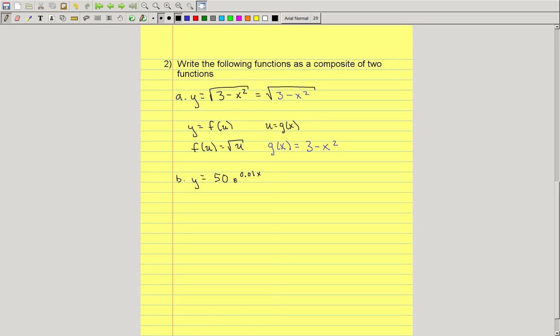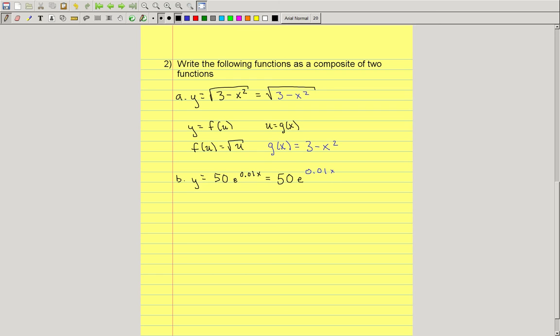Let's do that for one more example. We have y equals 50 times e to the 0.01x power. And what we would like to do is figure out a way to represent this as the composition of two functions. So my first function I'm going to think of as 50 times e to some power, and then that power is going to represent the inside function of my composition.